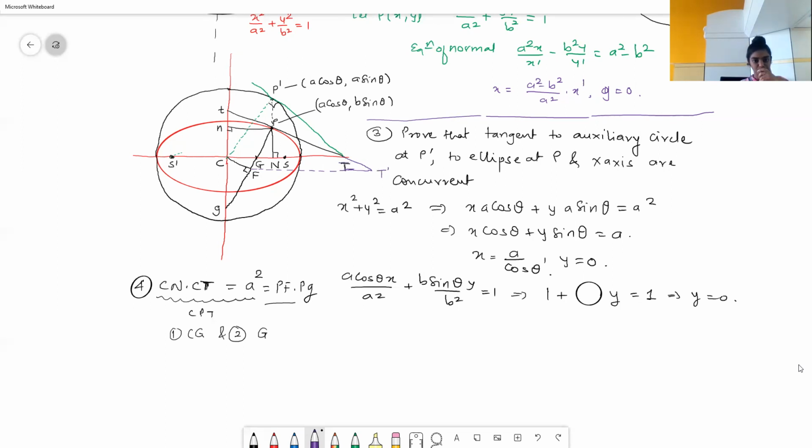This point is T. This is T dash. Now T dash is going to be collinear with the tangent, because this line is also perpendicular to PG and the other line is also perpendicular to PG, right?